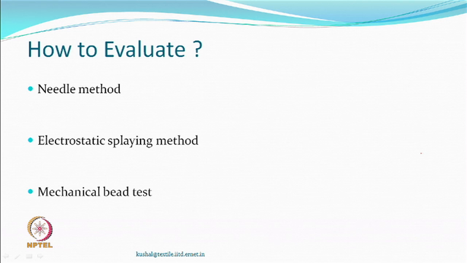So, methods have been suggested, how do we find how many nodes are there. One of the methods is called the needle method, as it says, there may be a needle which is moving to check it out. In electrostatics, you actually charge the yarn, so that wherever there is no node they will go further; optically you can find out.